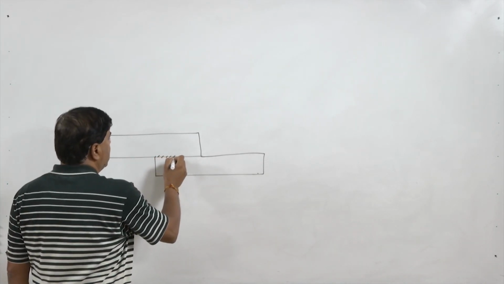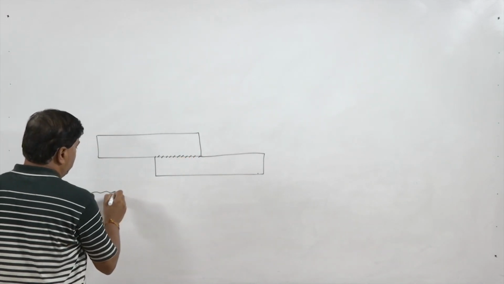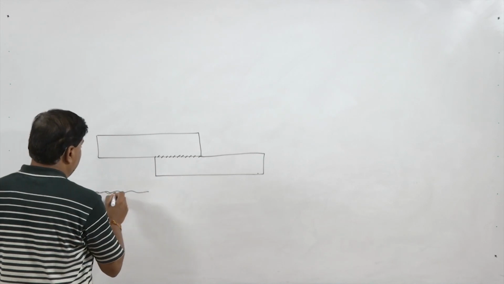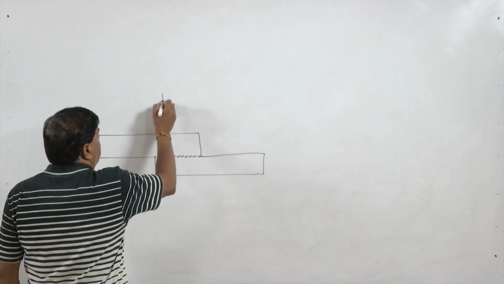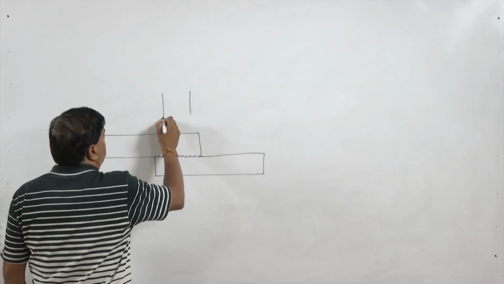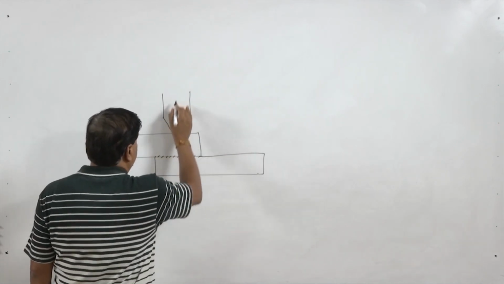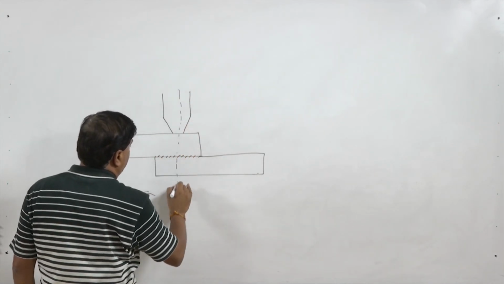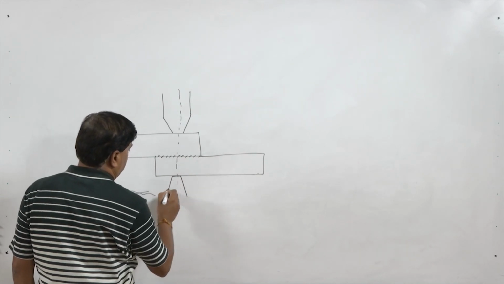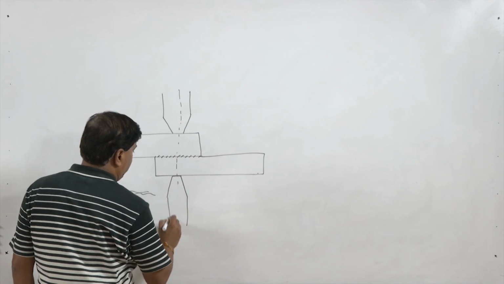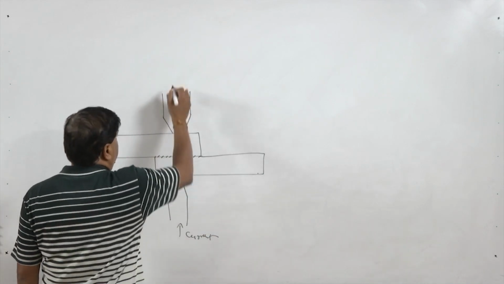If we see the magnified view of the contact interface, the contact is through the peaks and valleys present on both sides. During welding, the electrodes are brought in contact with the surfaces like this. Of course, these need to be aligned, and these electrodes will be delivering the required current and pressure.